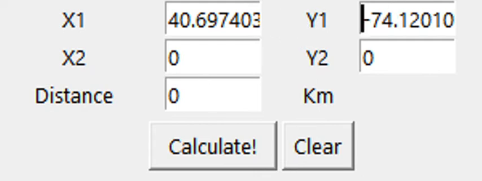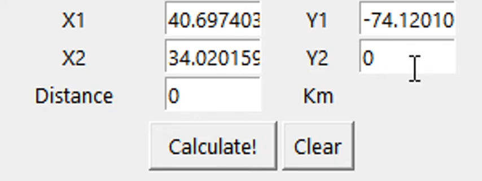And then Los Angeles, .34 degrees north. Excuse me? Does that mean 118 degrees south?